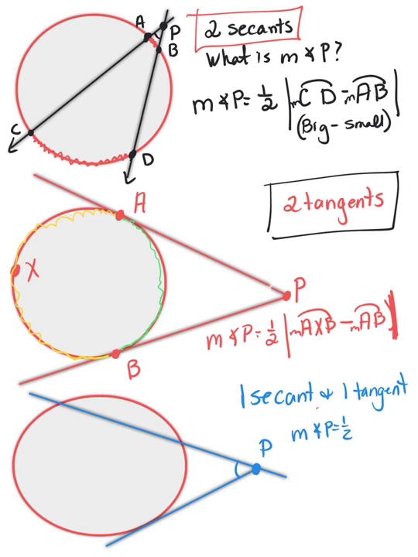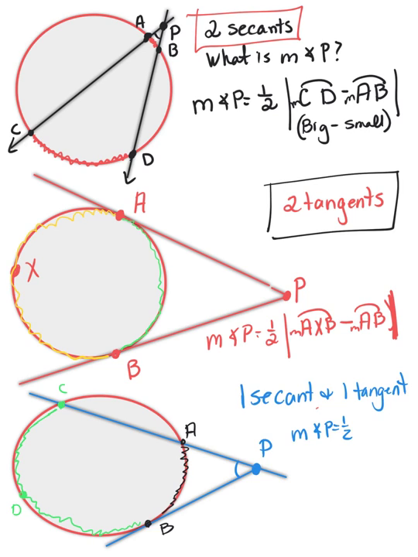Okay, it intercepts arc AB, and it also intercepts arc CDB.